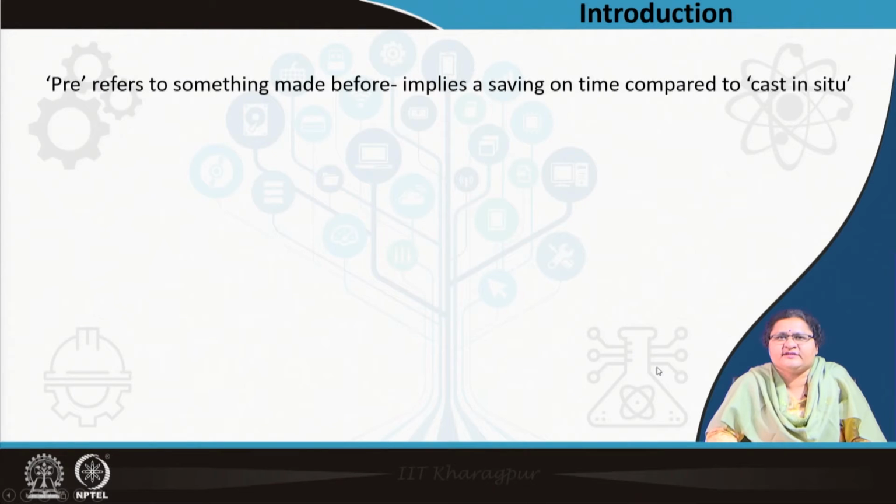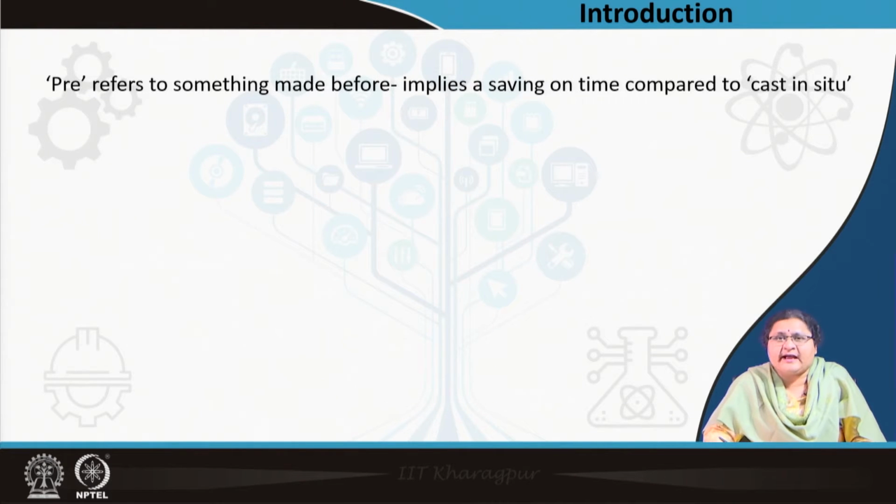So, pre refers to something made before, implies a saving on time compared to cast in situ. So, where does that time go? Does it mean that whatever the item is, it is coming from elsewhere? Yes, it is coming from factory, and yes, you have to give that time, that effort which you had to give on site, which you had done previously, but it is not as small as brick size, it will be larger in units.